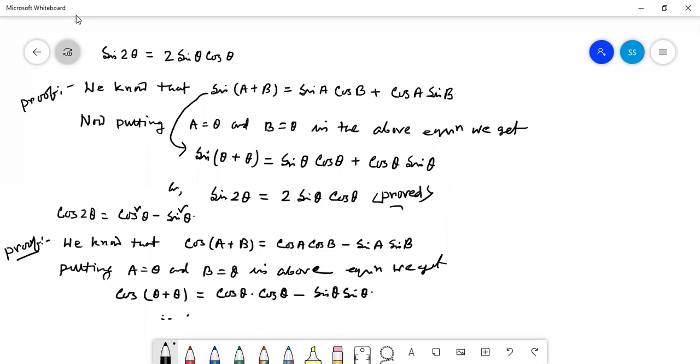So that's why cos of 2 theta is equal to cos theta into cos theta, means cos square theta, minus sin theta into sin theta, means sin square theta.